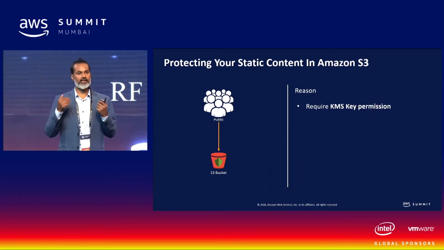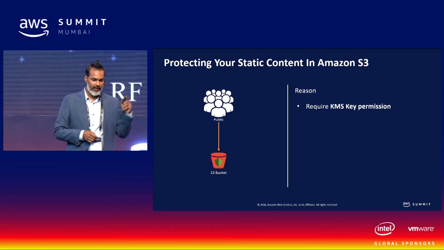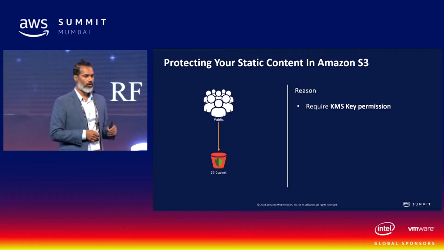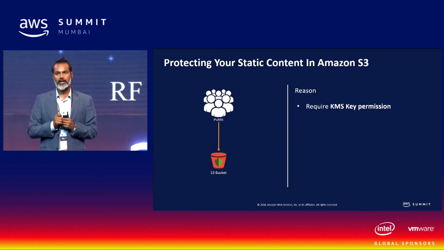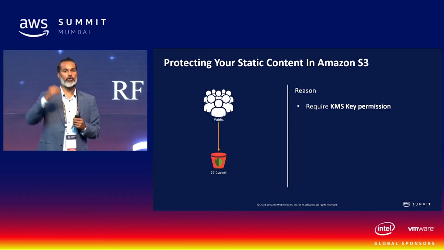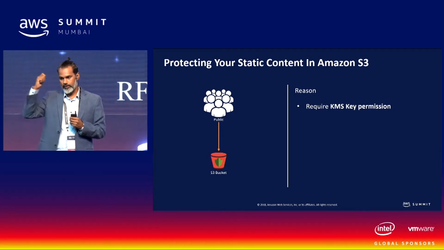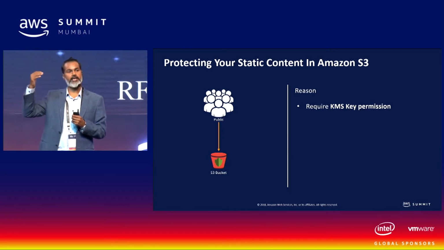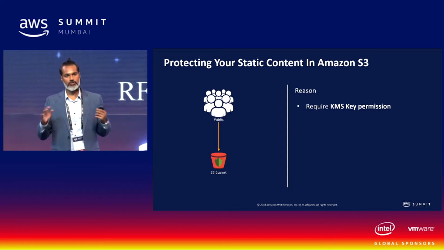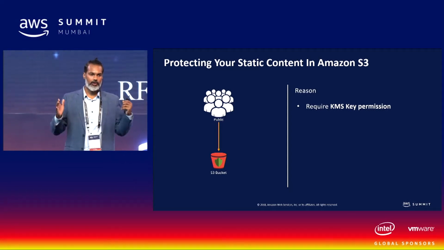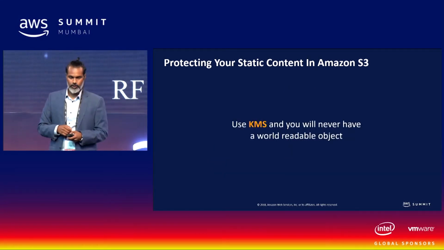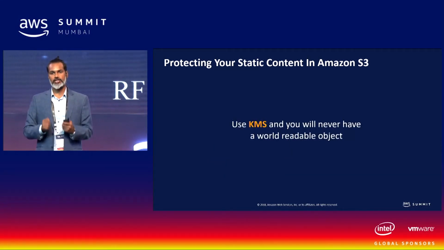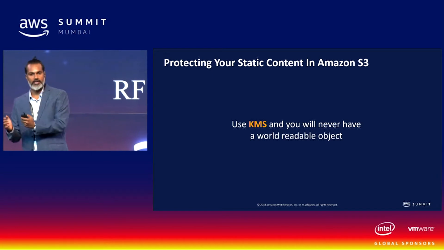Because it requires KMS key permission. The users who are connecting, or any other application, do not have an IAM role which has permission to talk to KMS to get the master key to decrypt the data key. So that does not exist, and hence your data in S3 is still secure. Use KMS and never risk exposing your data outside.